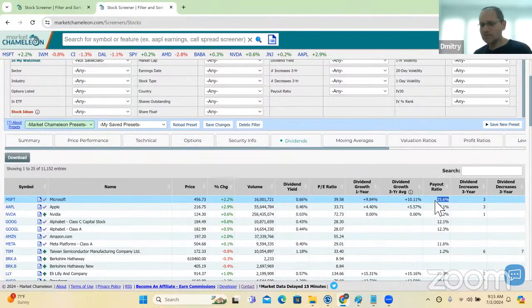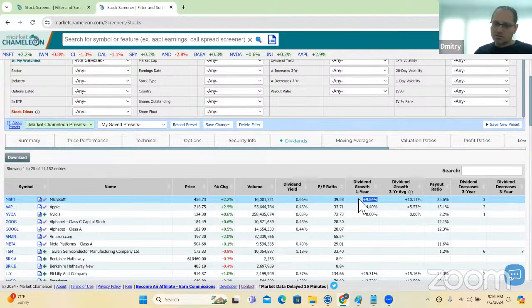Okay. The growth shows you how much the dividend itself increased over a 1 year period. So if we compare it to the previous year and the next year, did it increase, decrease, stay the same? This shows that Microsoft's dividend increased by almost 10%, 9.84%.